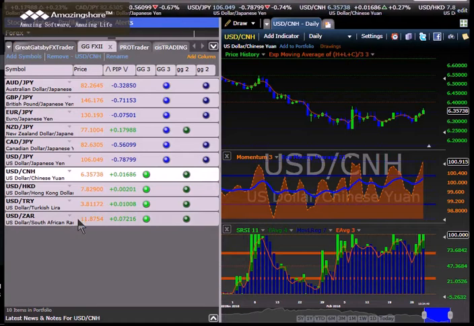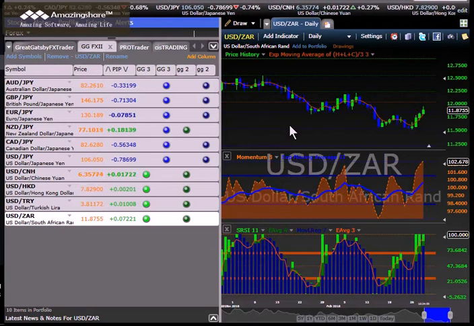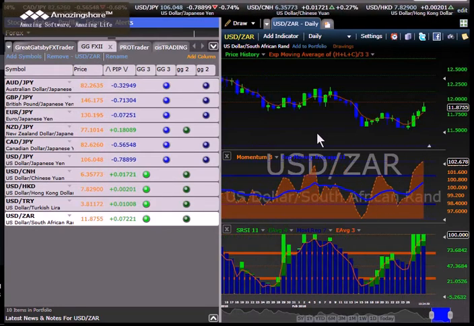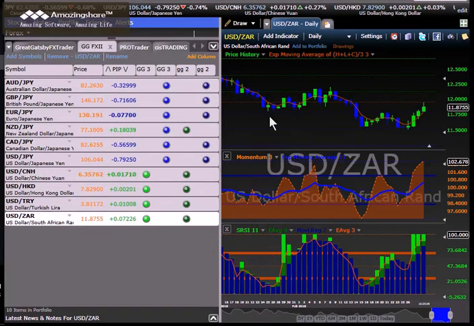When we look at the US dollar versus the South African rand, we're starting to see better price action metrics in response to momentum and a greater range of trade for the first time as the dollar strengthens. What I think this means is when it comes to pairs relative to the US dollar, we're going to get a better range of trade within those currency pairs in the near term.